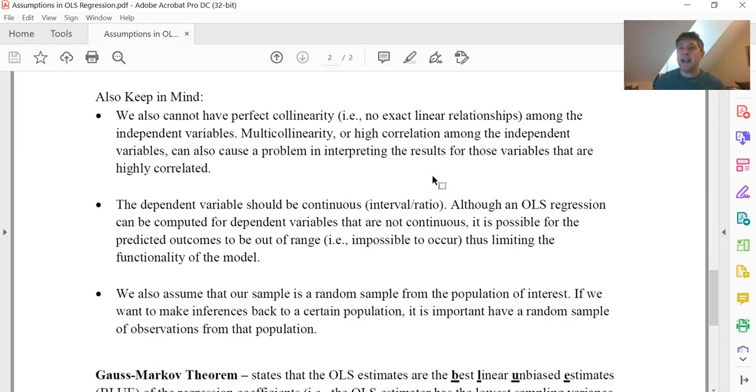Some other things to keep in mind, you might hear these called assumptions or not, is we can't have perfect collinearity, so one independent variable can't be perfectly correlated with another independent variable. There's no solution. So you can't have an exact linear relationship. We also don't want high correlations among our independent variables. We'll talk about this as multicollinearity, because that causes a problem in interpreting the results for those variables that are highly correlated. We can't disentangle the effect of those results.